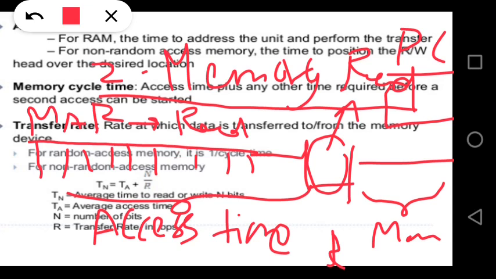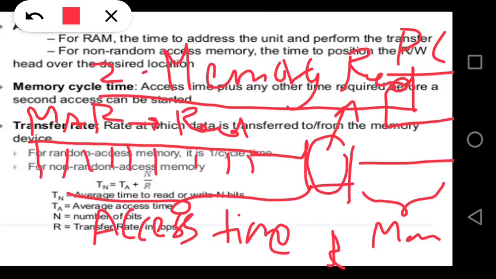Now this address has to be loaded into MAR because the access time starts once the address is loaded in the MAR. But there should be a time gap. It takes some time to load the address from PC to MAR. Like that, there are some internal organization operations required before starting the next or second memory read operation.